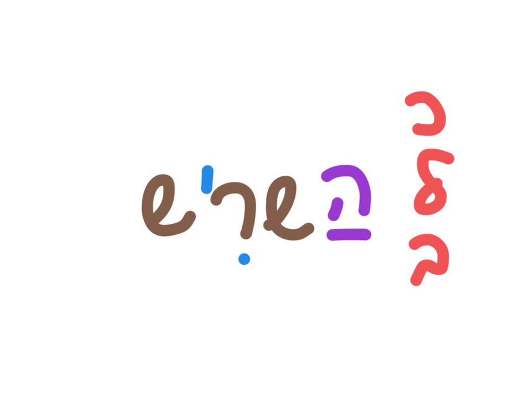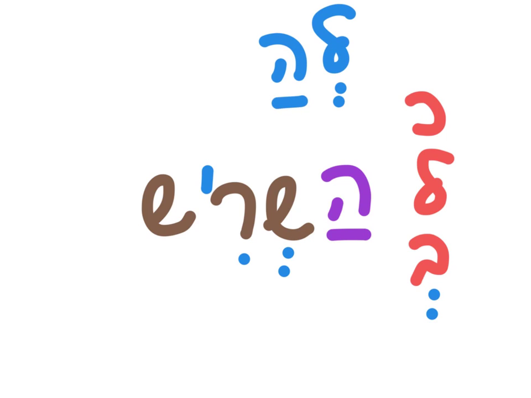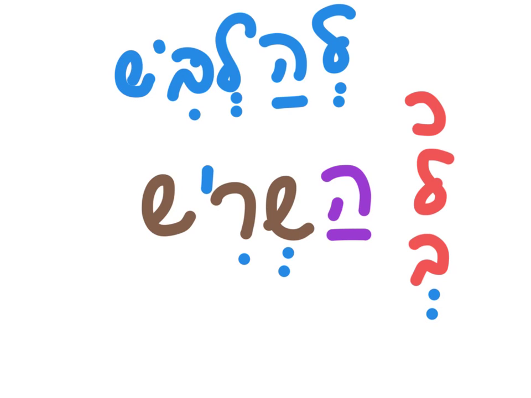Okay, so some examples of Hiphil infinitive would be lihalbish. That means to dress someone. Lihalbish, right? So you see I have my kelev prefix, my hey patach, then I have a chirik malay.